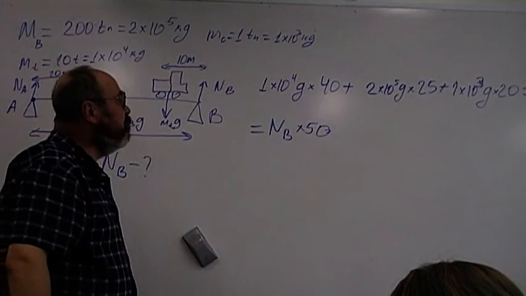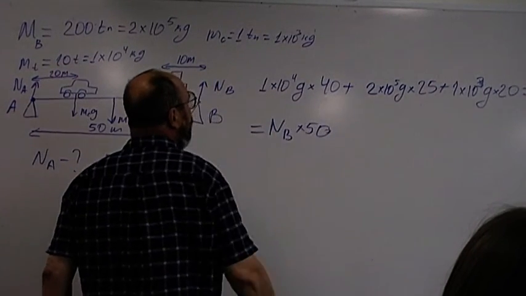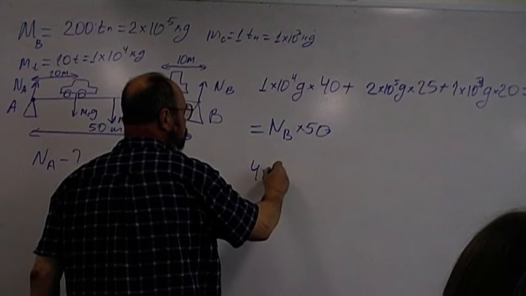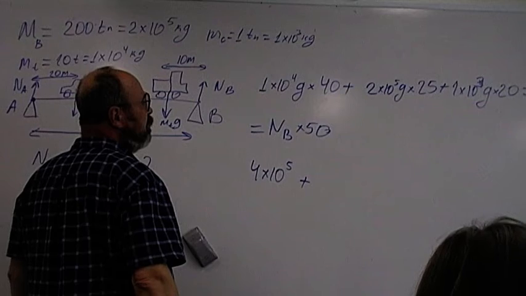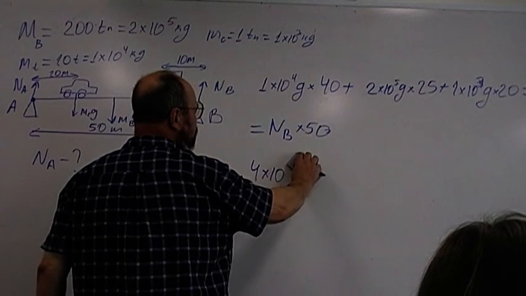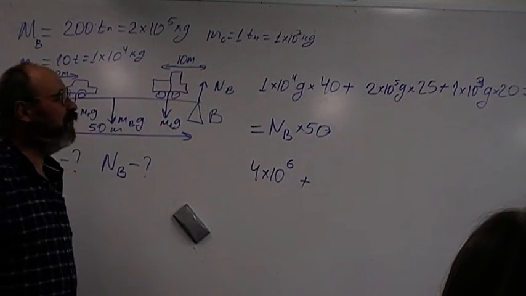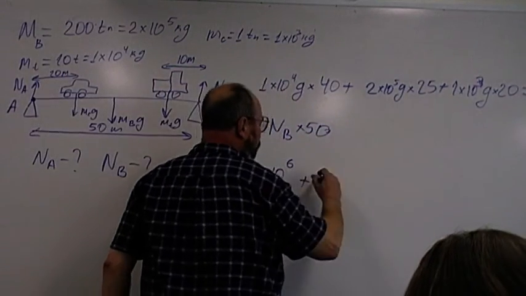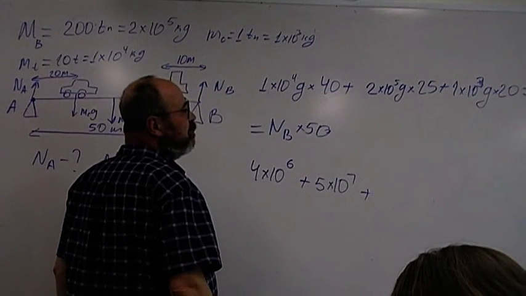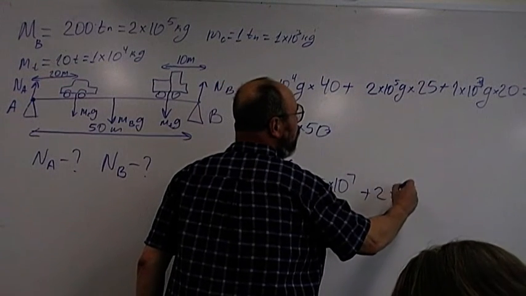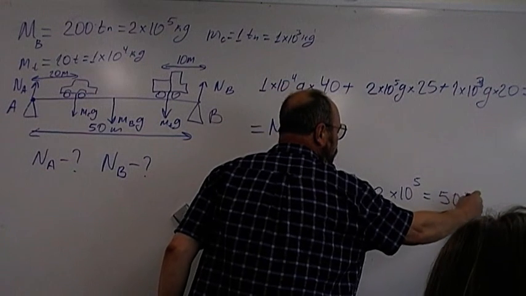So we will have 4 times 10 to the power of 6, plus 5 times 10 to the power of 7, plus 2 times 10 to the power of 5 times 20, equal to 50 N_B.